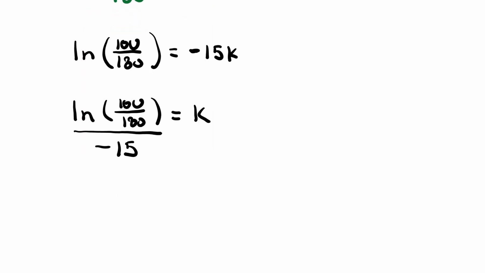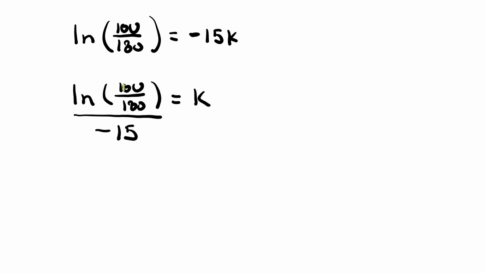From here, you can simplify the fraction. 100 over 180 in reduced form, I believe, is going to be 5 over 9. And instead of having the negative 15 in the denominator, you can multiply by 1 over 15 as the coefficient. So negative 1 over 15 times ln of 5 over 9 equals your k value.